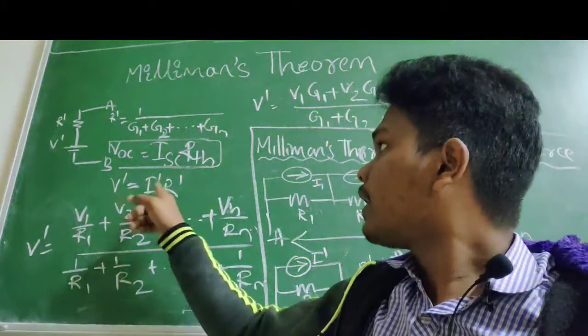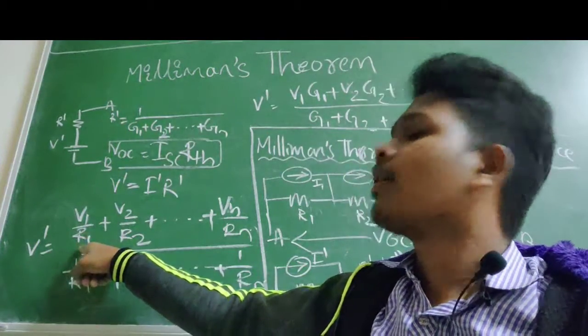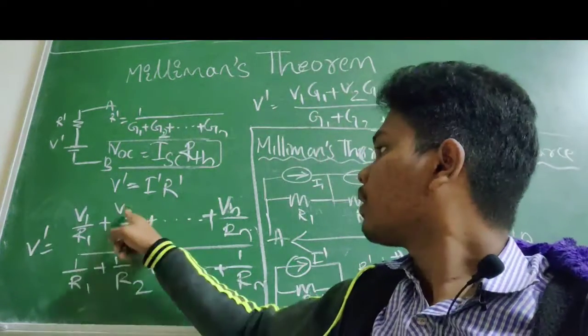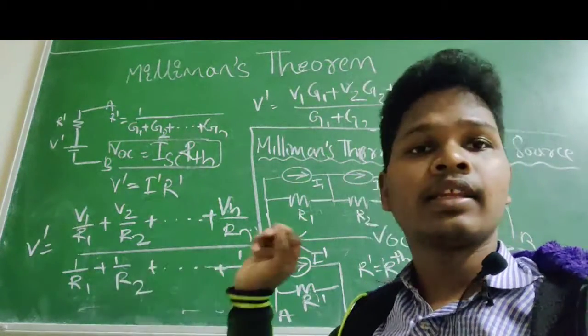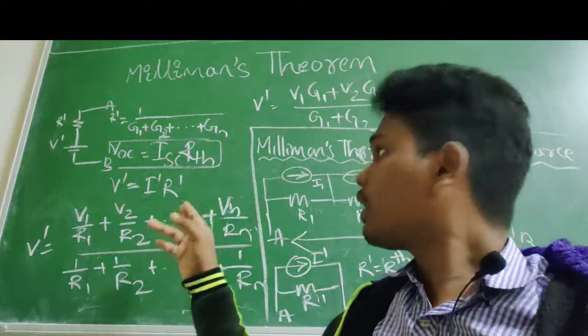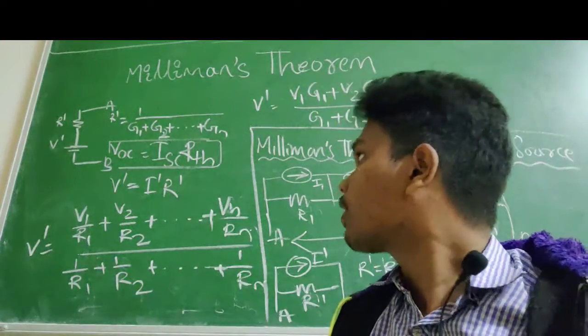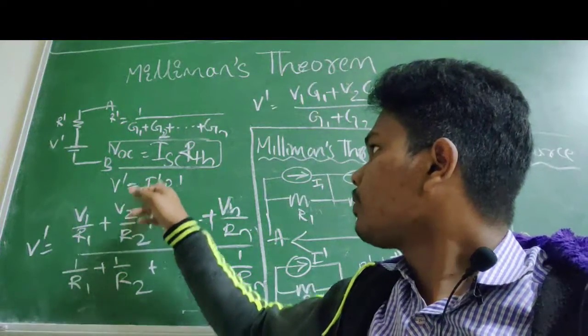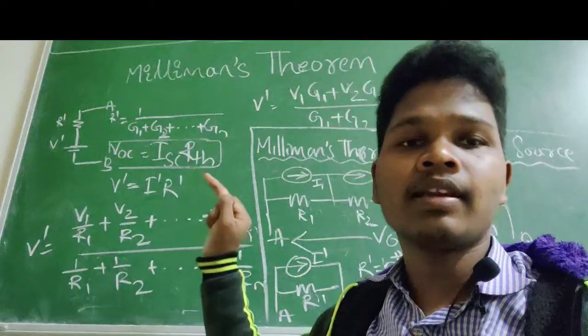So here I dash is equal to V by R, that is V1 divided by R1 for the first circuit, V2 divided by R2 for the second circuit, V3 divided by R3 for the third circuit, like that Vn divided by Rn for the nth circuit. Okay, divided by, multiplication with R dash, this is Thevenin's resistance.